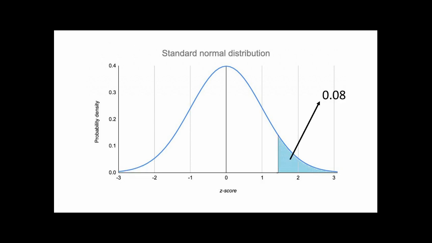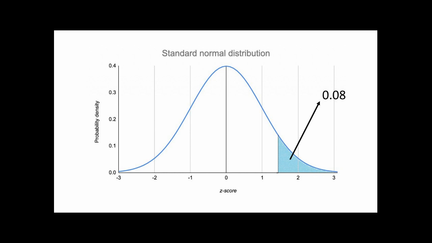This example is a one-tailed test, so there will be one rejection area. The rejection area in this right-tailed test is to the right of the critical value, and that area is equal to the level of significance, 8%.